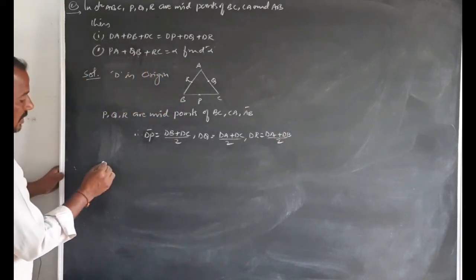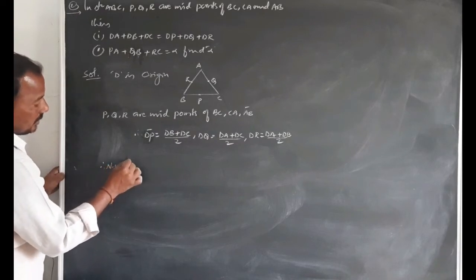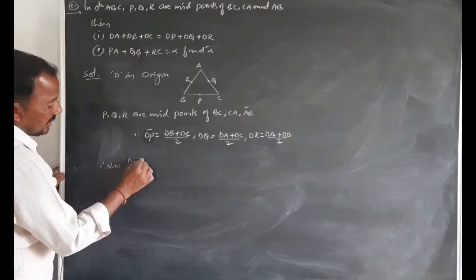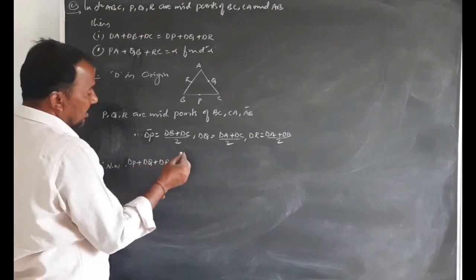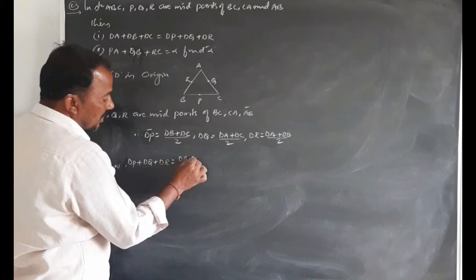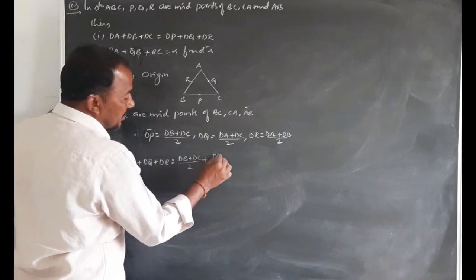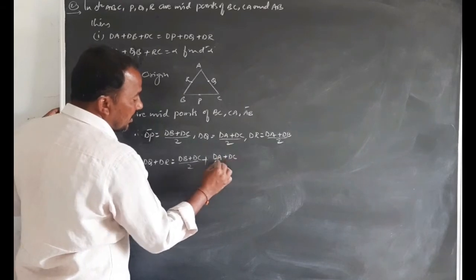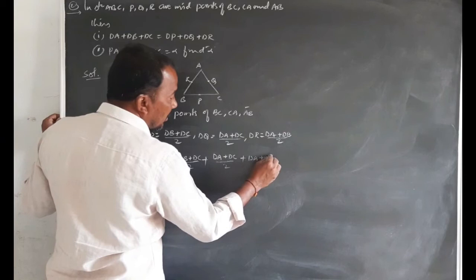Now find the value of DP plus DQ plus DR. That equals DB plus DC by 2, plus DA plus DC by 2, plus DA plus DB by 2.